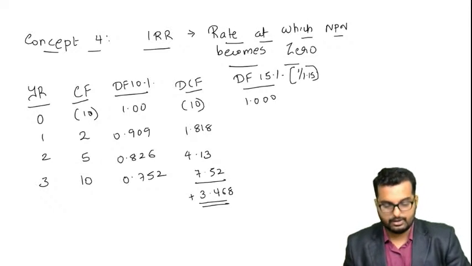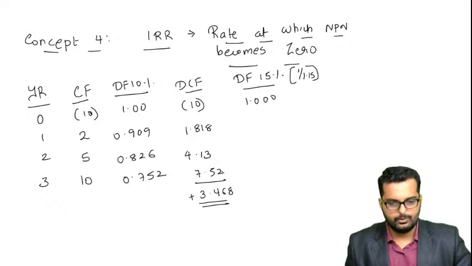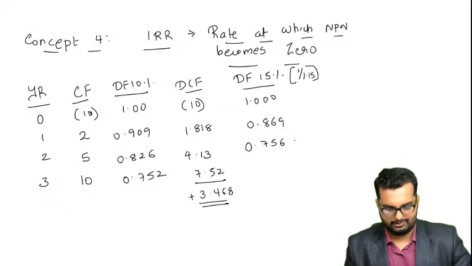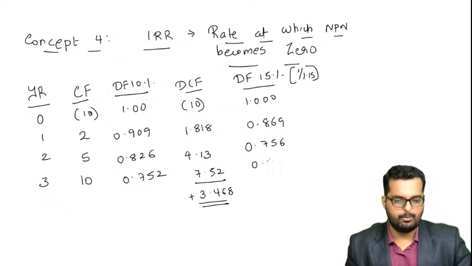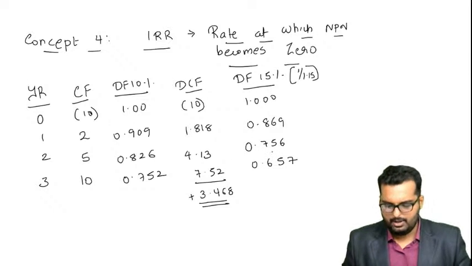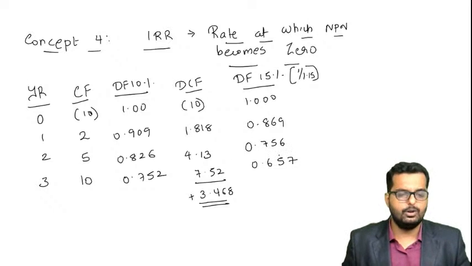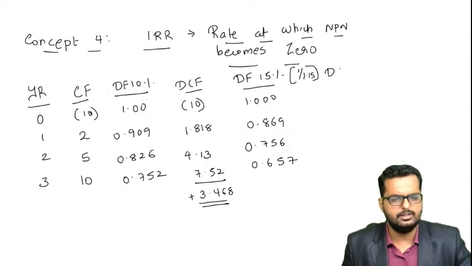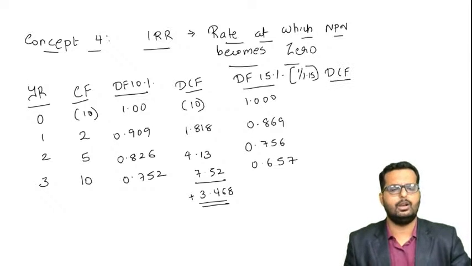Press equal to, you will get the first number, 0.869. Again you press equal to, you will get 0.756. Again you press equal to, you will get 0.657. And you can go on like that. Try it. Some calculators it might not work out. If it is not working out, just ignore it. It might be an issue of your calculator.